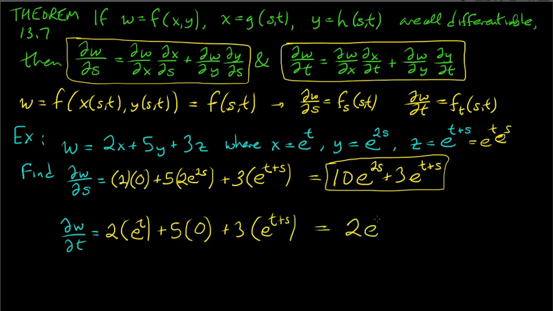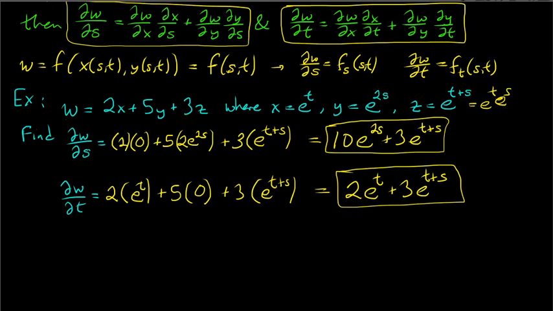So you get 2 e to the t plus 3 e to the t plus s. And yeah, we can factor out the e to the t here. I wouldn't bother. Right, so that's all it is. Just, right, very direct using the chain rule. Of course, we can go more direct by finding w in terms of s and t.